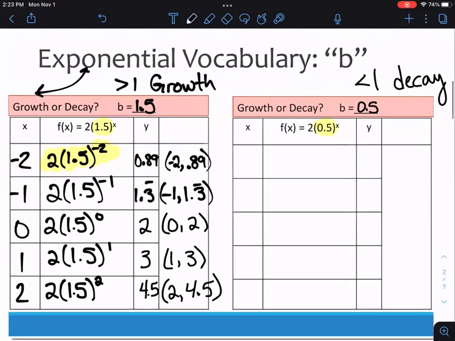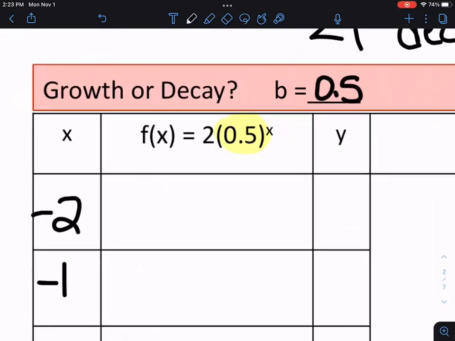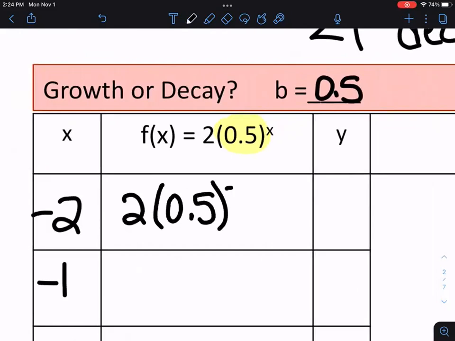So in this case, we start out with larger numbers at the beginning, and our numbers should decay, or go down, as we go down our X value list. So again, I'm going to use X values -2, -1, 0, 1, and 2. Then I'm going to take 2 times 0.5 to the -2nd power.